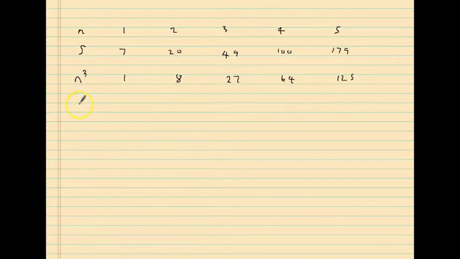Now let's have a look at our residual. So the residual this time, 7 take away 1, that's 6. Then the second one we've got 12, then 22, then 36, and finally 54. Well, let's have a look at this. Now this is clearly not an arithmetic sequence, so we need to look at our differences again.